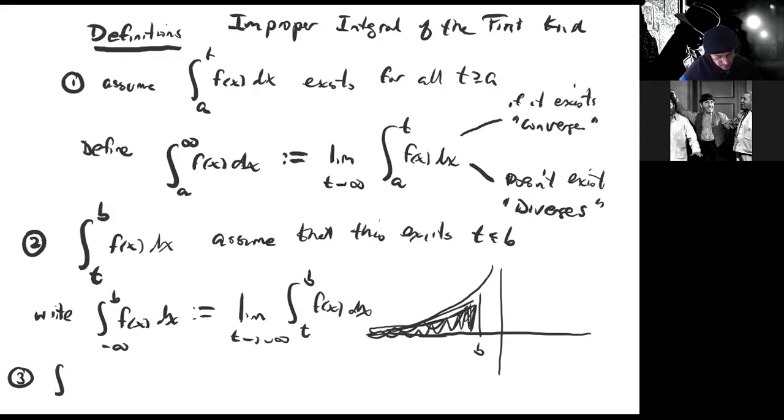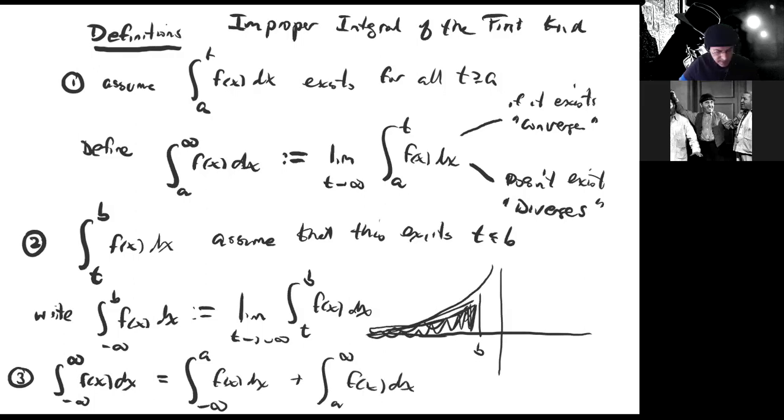We can write the integral from minus infinity to infinity of f of x dx, and then we will put this as the same thing as the integral from minus infinity to any number, we could take it to be 0 if we want, but I'll put a here, of f of x dx, plus the integral from a to infinity of f of x dx. We're just adding the two areas up in that case.